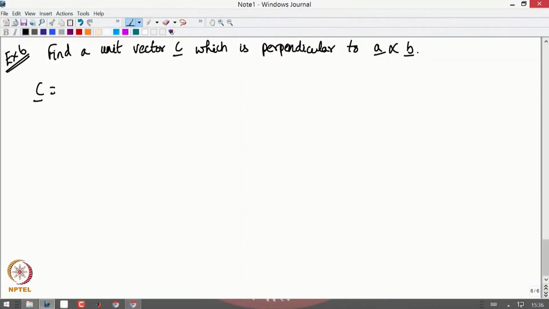How will I get that? I will get that as A cross B divided by the norm of A cross B.